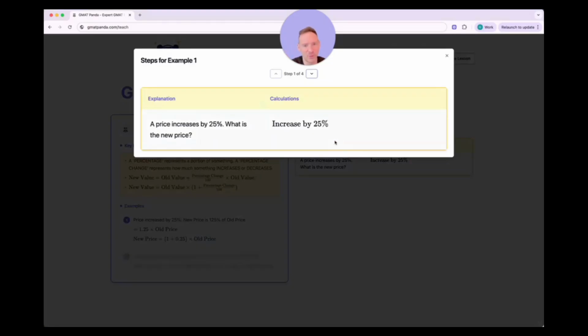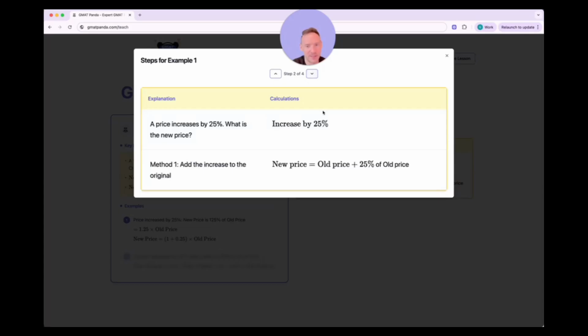So let's say that we're increasing a price by 25%. Now, we can express that as, first of all, calculating 25% of the previous price, or the old price. But since this is an increase compared to this old price, we need to then add that to the old price to get the new price.